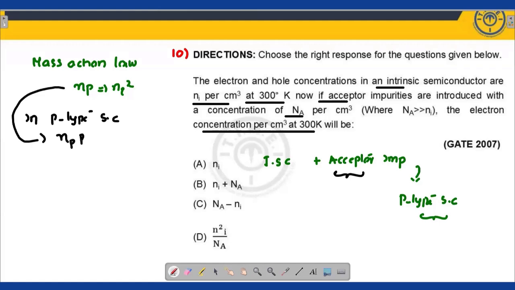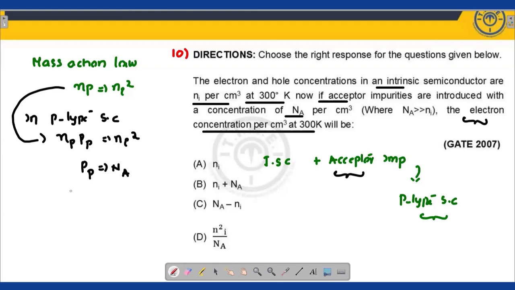N into P, that is, n into p_p, is equal to Ni square. But here p_p in a P-type semiconductor is equal to the acceptor concentration. Now, he is asking the electron concentration in the P-type semiconductor.